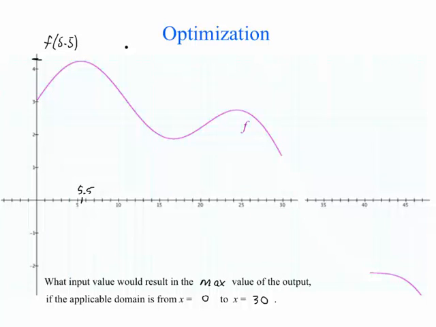So 5.5 is the choice we make. In these real world situations, we have a choice. We can choose all these different x values from 0 to 30. Which one should we choose to make the output the biggest? We're going to choose the input to be 5.5, and then the maximum value of output will just be f of 5.5, or around 4.2, 4.3.